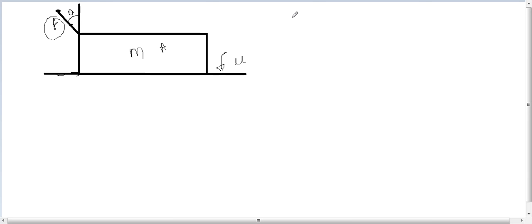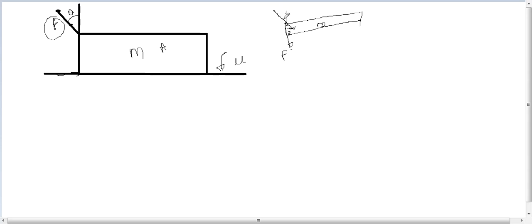So let's draw the free body diagram of this block. This is m, and here this is F at an angle theta.